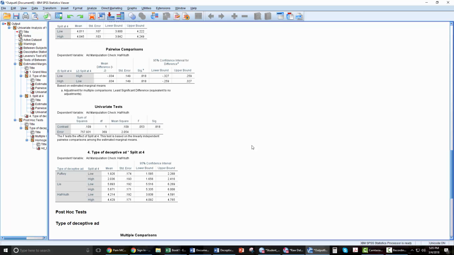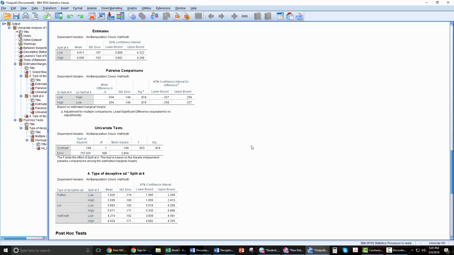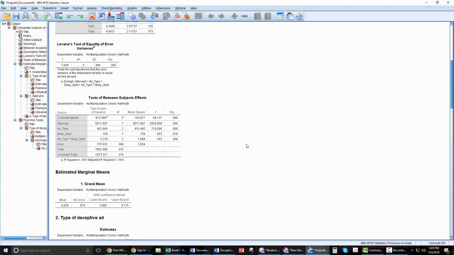Questions? Okay. So typically, what would you report? For this one, there are so many things that are not statistically significant, but ideally, just imagine if things were significant, what would you report? I know that you would report the add type, the skep, and the interaction. Yeah.